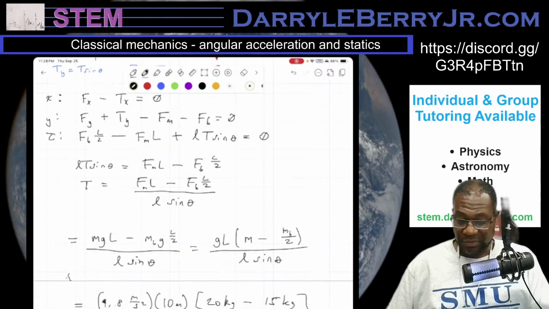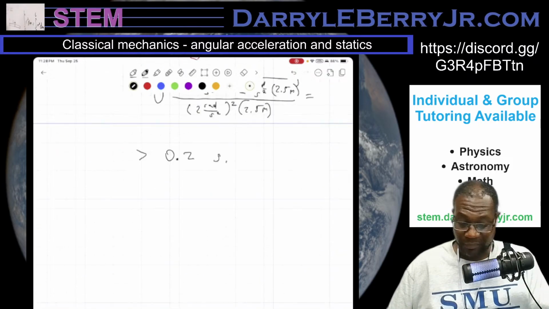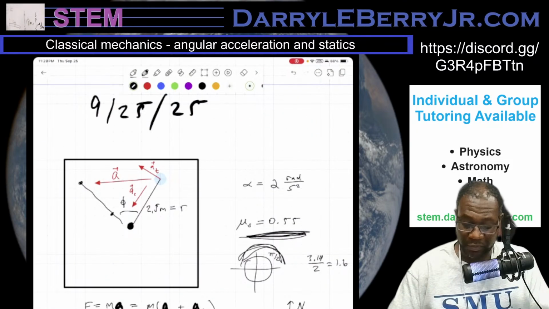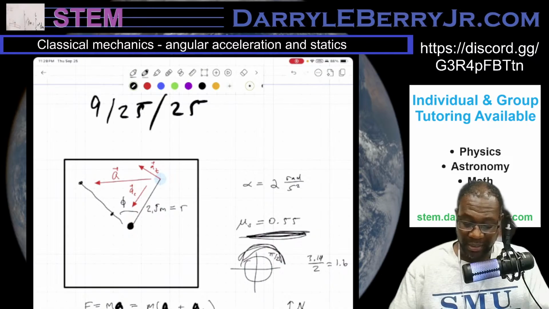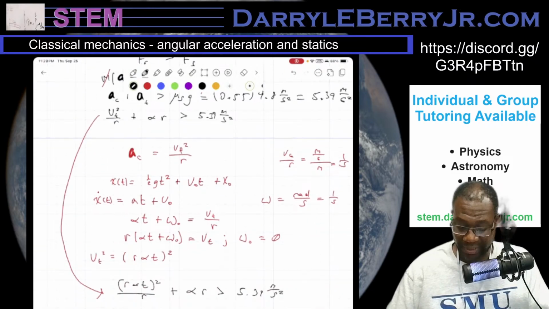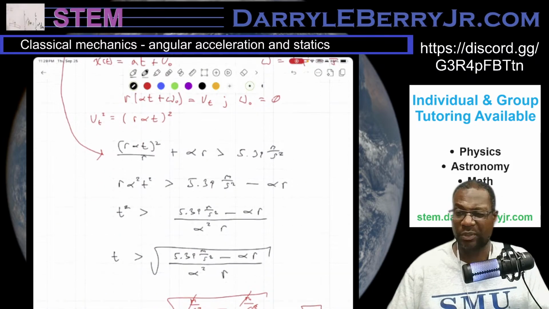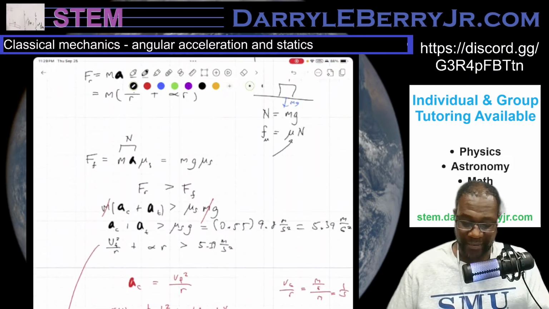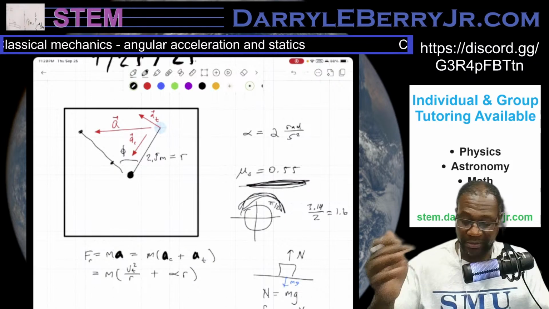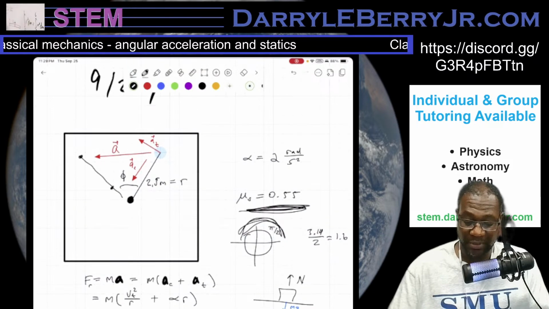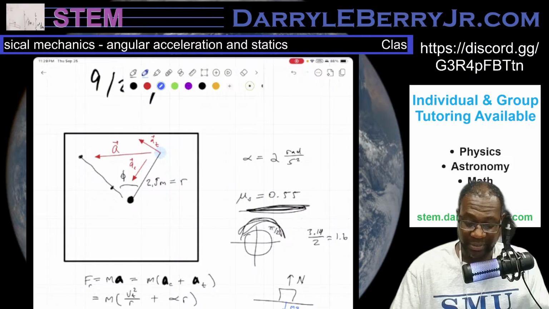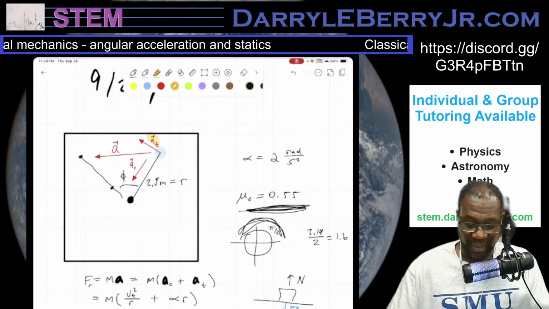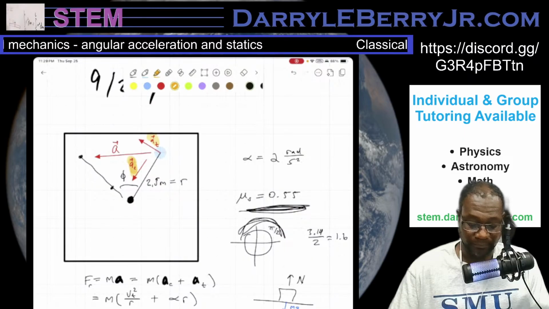All right, so we did 2 undergraduate physics problems. We delved into angular acceleration and its 2 components, centripetal and tangential translational acceleration. I don't remember the proper word. So let's remember that when you're dealing with angular acceleration, it has 2 components: the component that's straight relative to the point, and the component that's going directly into the center.